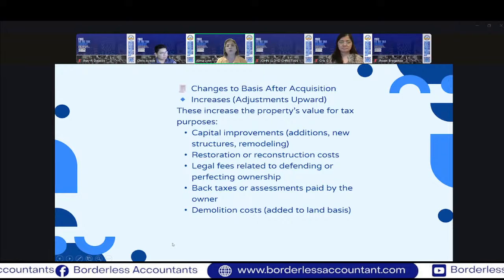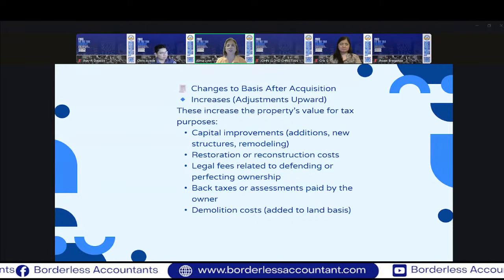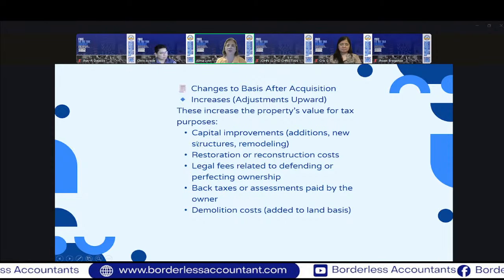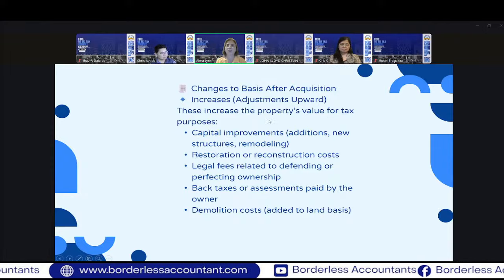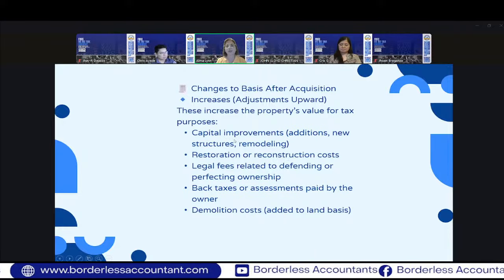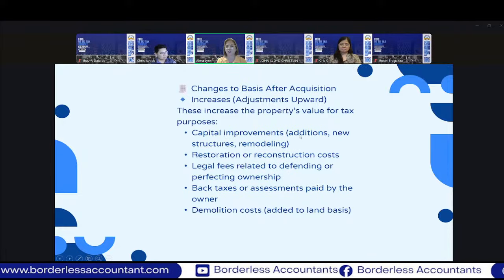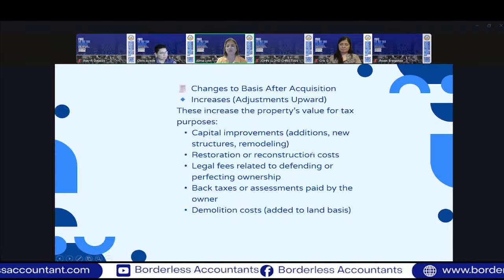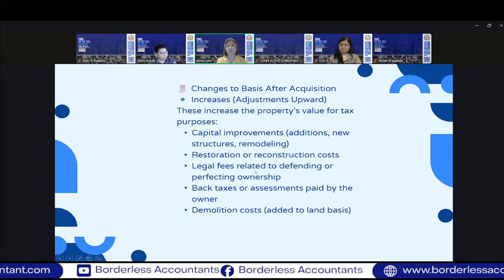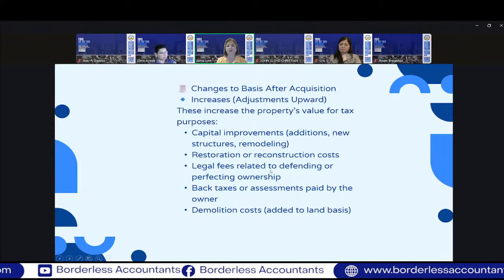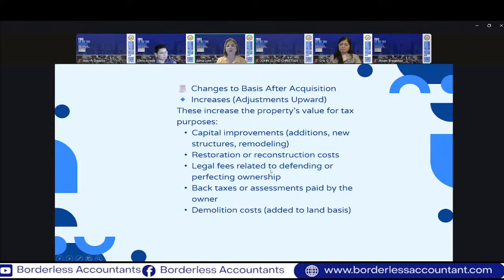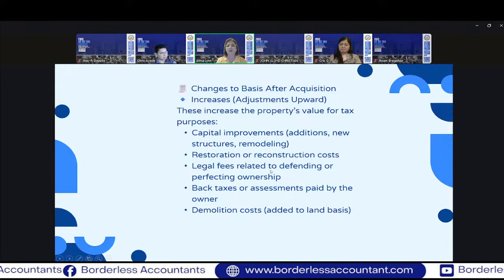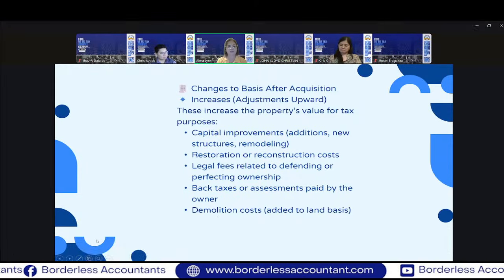Changes to basis after acquisition: it would increase if you incur the following. Capital improvements such as additions, new structures, remodeling, restoration or reconstruction costs; legal fees related to defending or perfecting ownership; back taxes or assessments paid by the owner; and the demolition costs added to the land basis.